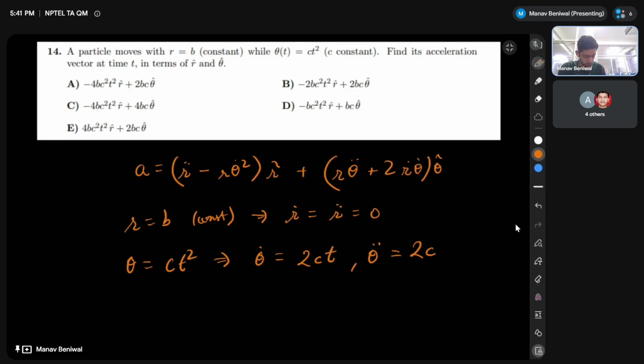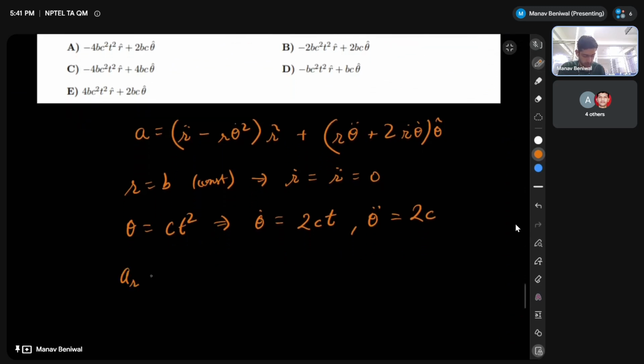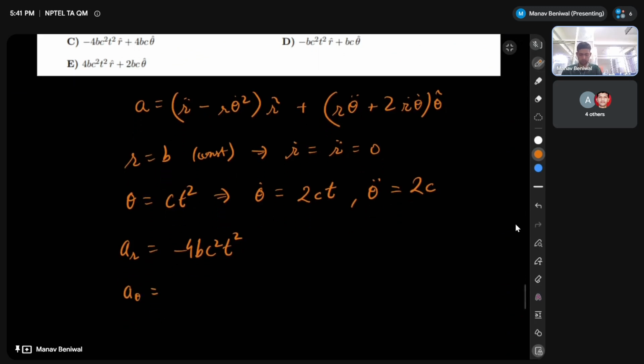Okay, so my radial component a_r is just minus b times theta dot squared, which is 4c squared t squared, and my theta component is just r theta double dot, so this is b times 2c, and then r dot is 0.